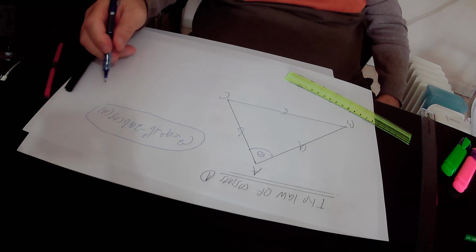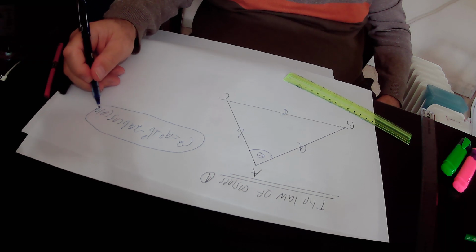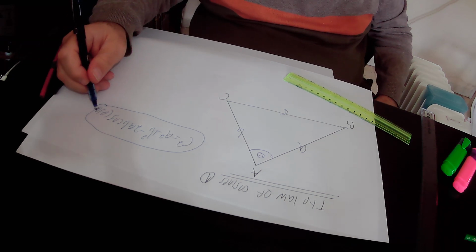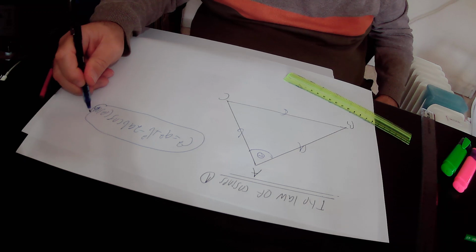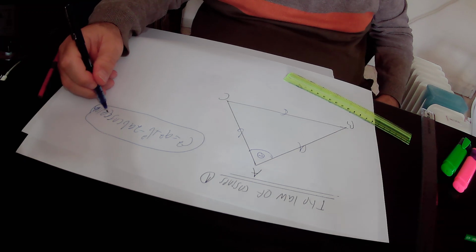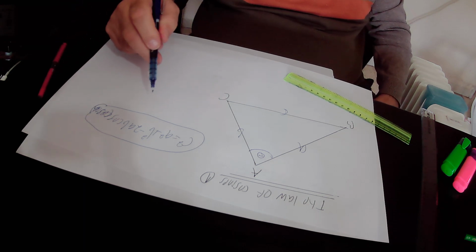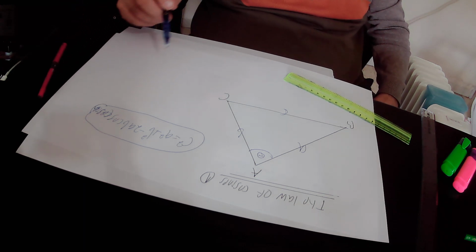C squared equals A squared plus B squared minus 2 times AB cosine theta.